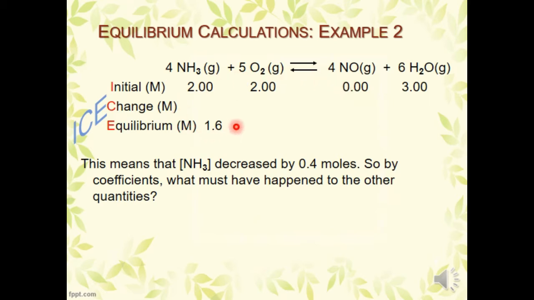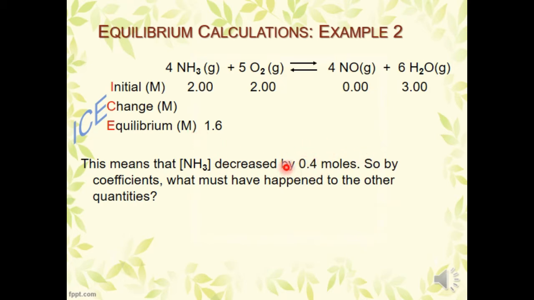And it was stated that the equilibrium amount of ammonia is 1.6 mole, so we write that 1.6 mole here at equilibrium. Based on this information, the ammonia decreased by 0.4 mole.